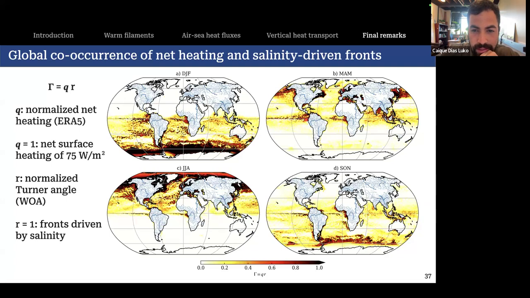I don't know if it's because some of these places have more salinity fronts when there's more rain, or there are more rivers applying here. The true answer is that I don't know. It is very interesting how it pops up at the equator. That's a good point. I would have expected it off the equator, south of the ITCZ or something, on the edges of the ITCZ, but it seems to be dynamically linked here to the equator. Okay. Thank you. Interesting. Thanks.